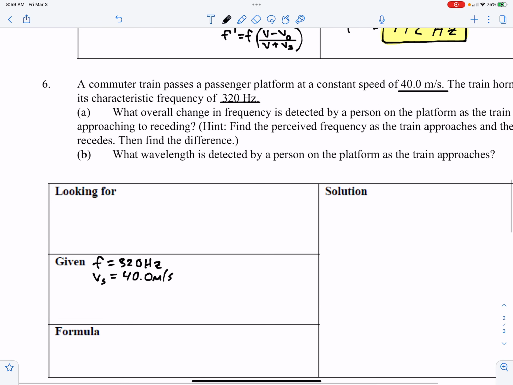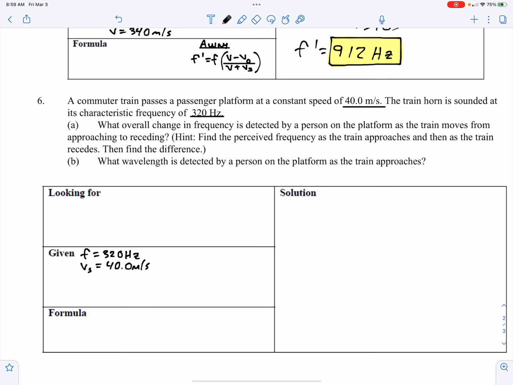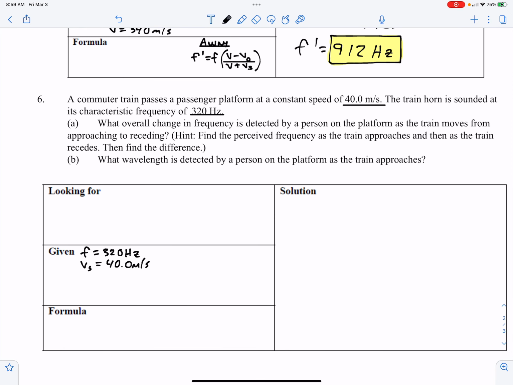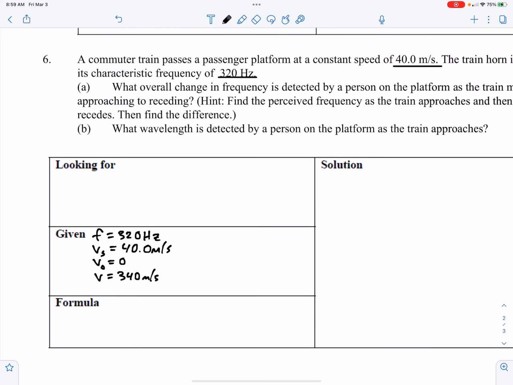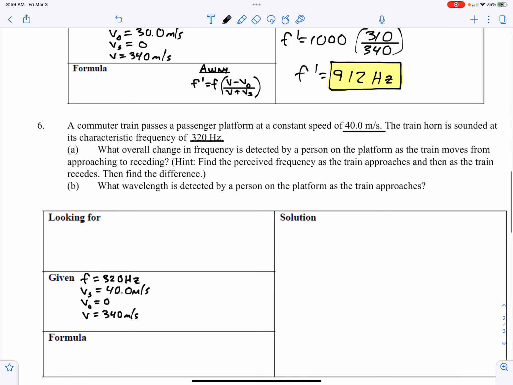Okay, a person on the platform is most likely just going to be standing there as the train passes by. So the velocity of the person, the observer, is going to be 0, and the velocity of the sound wave is 340. So here's what we're looking for in this.